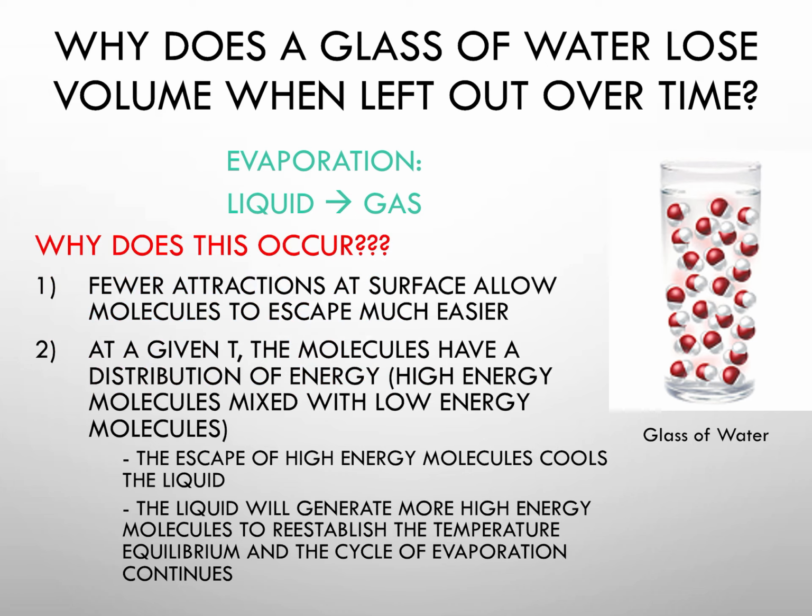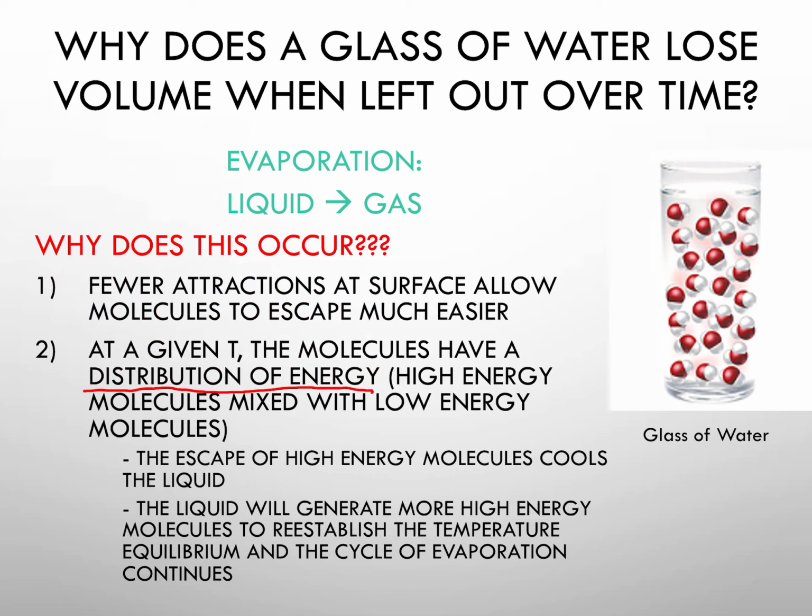Once it escapes, that will cool the liquid a little bit, but over time it will generate more high energy molecules and more low energy molecules. It will reestablish that temperature equilibrium, and then another molecule has enough energy to escape the surface of the water, because it has to escape all of those intermolecular forces. It needs enough energy to break those intermolecular forces and leave.